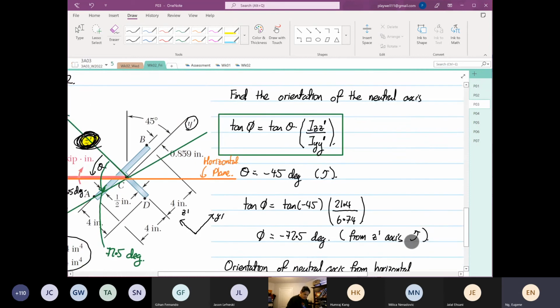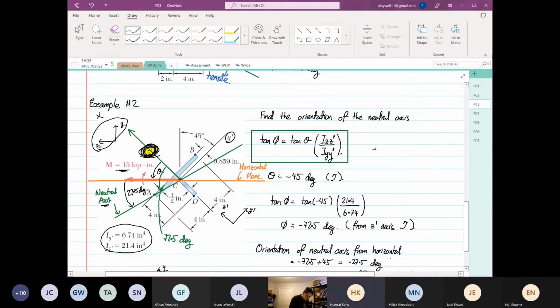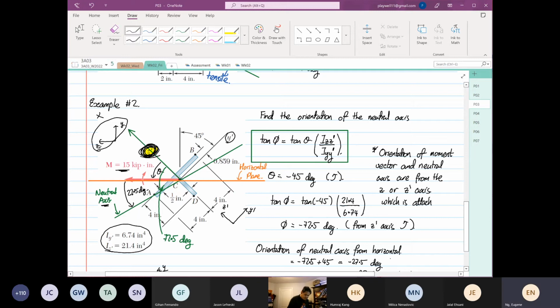The orientation of the moment vector and the neutral axis are from the z or z prime axis, which is fixed to the structure.